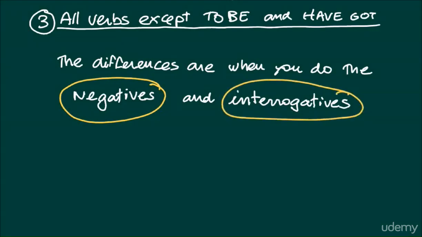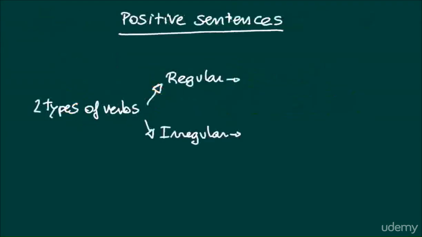Let's see how we create sentences in past simple with verbs that are not the verb to be or to have got. Let's start with the positive sentences. In English, there are two types of verbs, regular verbs and irregular verbs. Please check the list of irregular verbs.